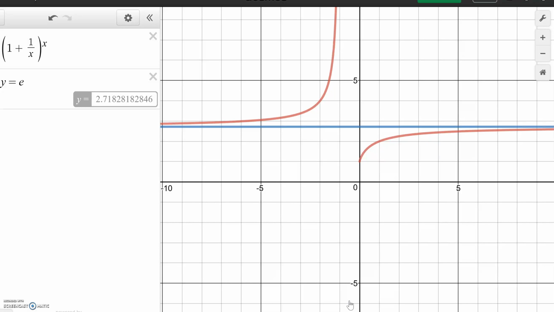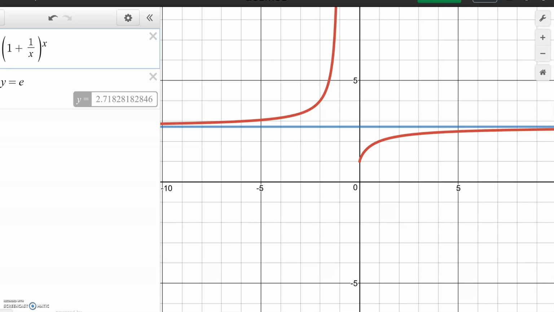As you can see, it has a couple of asymptotes, one of which is this blue line here, y equals e. Now, that line, as you can see, the further out we go on this red graph, the closer and closer we get to that blue line, which is y equals e.